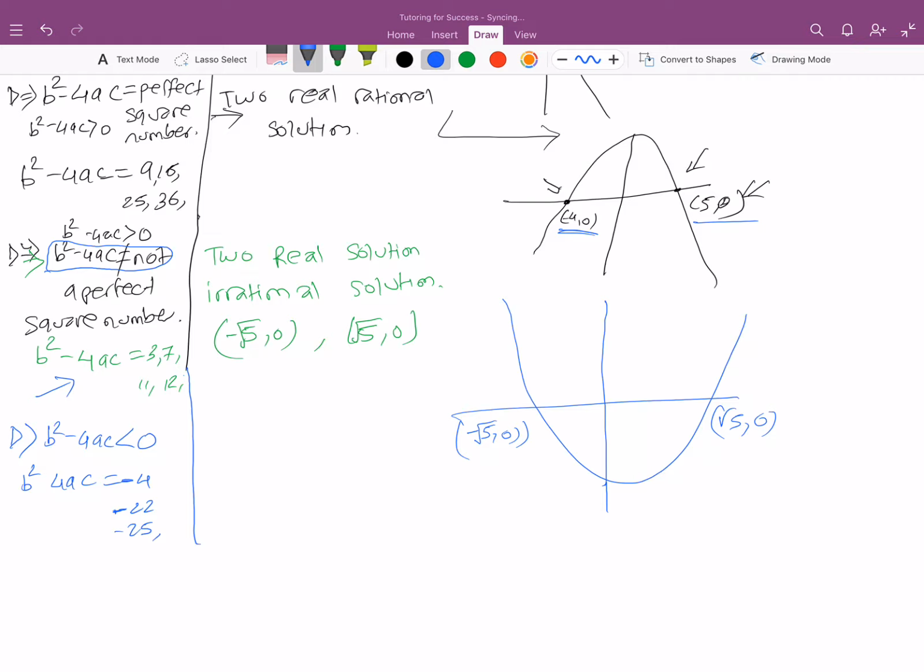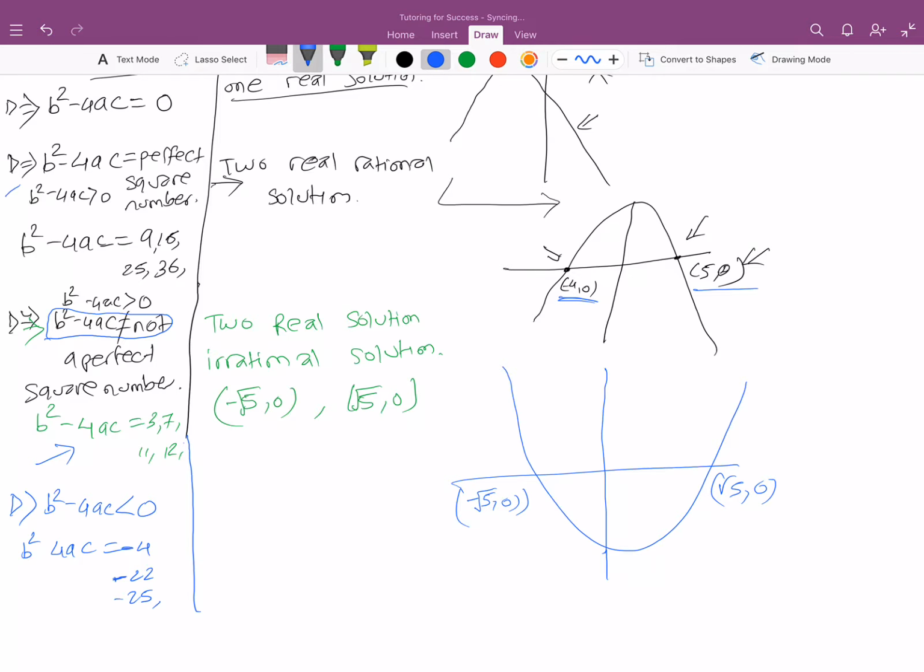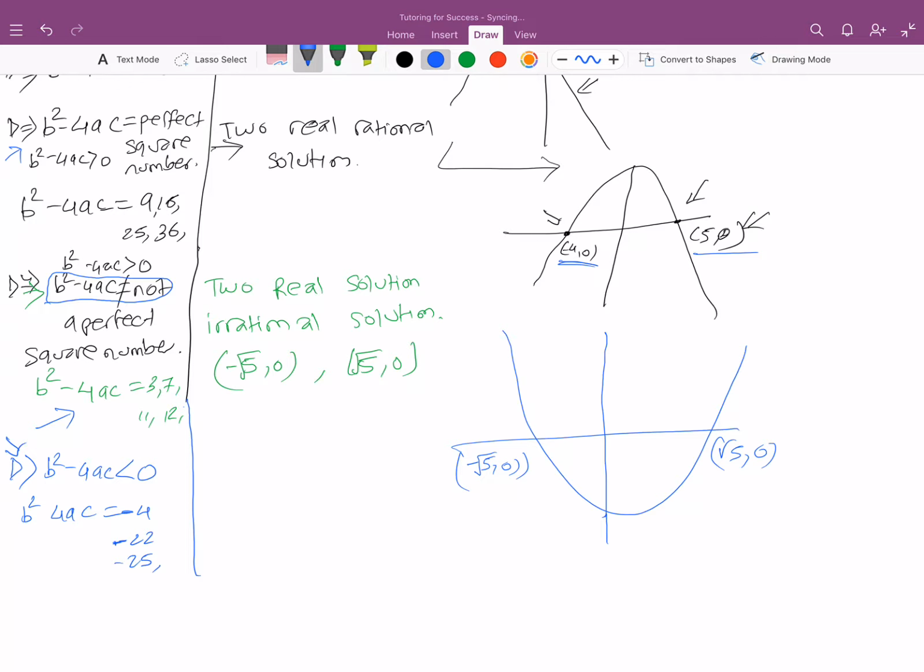When you have a negative number, there is no such thing as a negative perfect square number. Let's not confuse ourselves with, oh, guess what, I found negative 25, it must be part of this because it says perfect square number, right? No, because it's negative, so forget about it. That is not a perfect square. Everything that is negative will follow this rule right here.